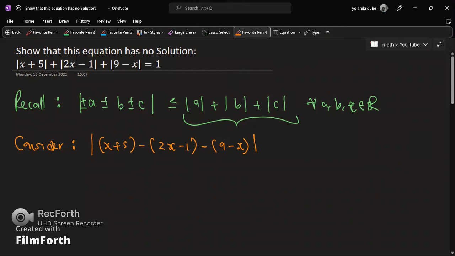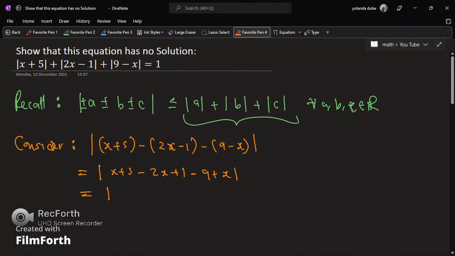If you look at this, what we have inside will simplify to x plus 5 minus 2x plus 1 minus 9 plus x, which simplifies to give us the absolute value of what?